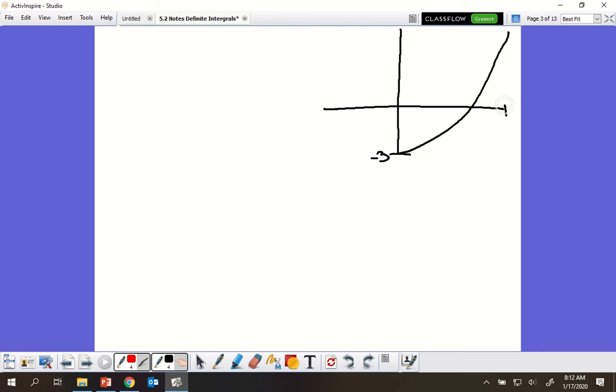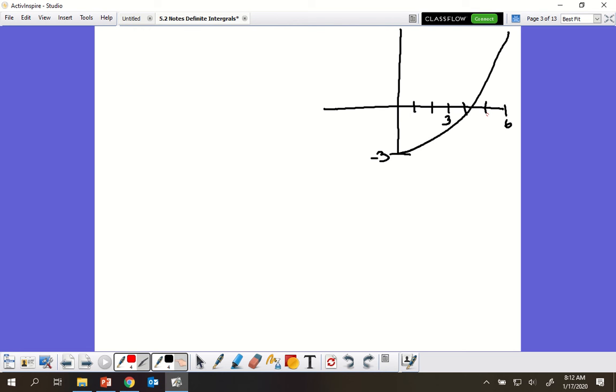Okay, so let's see, that's 6 there. That makes that 3, and that makes this 1 and 2 and 4 and 5. So I'm just trying to sketch a graph so I could actually have something to work with here.